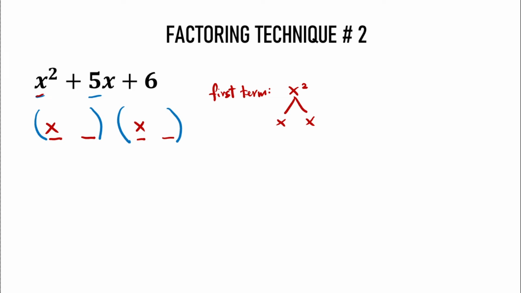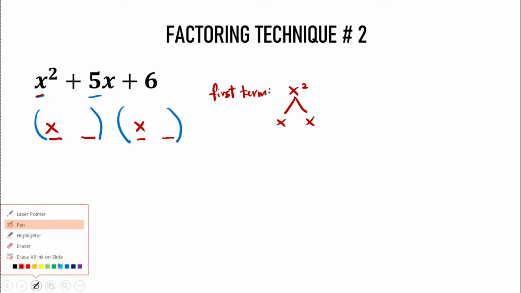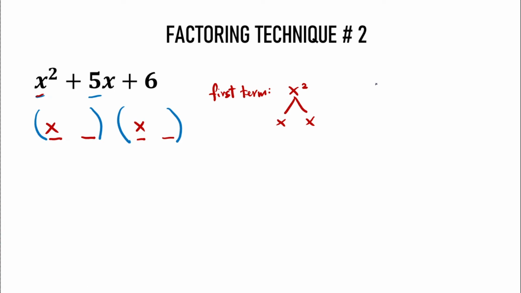Second naman, we are going to list the factors of the last term, which is 6. Gagamit tayo ng ibang kulay. So the factors of 6 are 3 times 2. Meron ding negative 3 times negative 2.